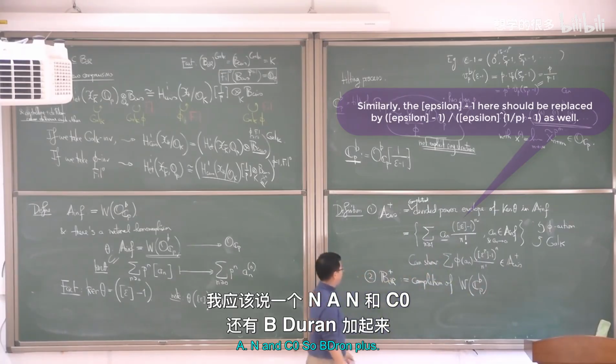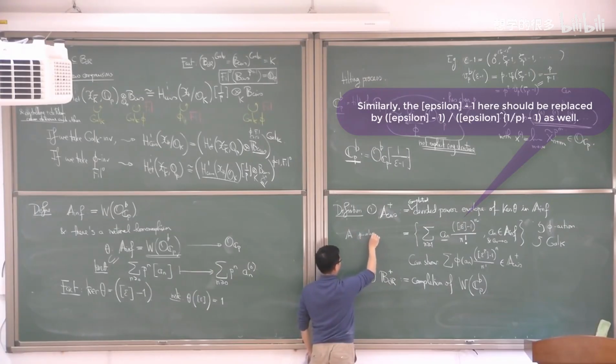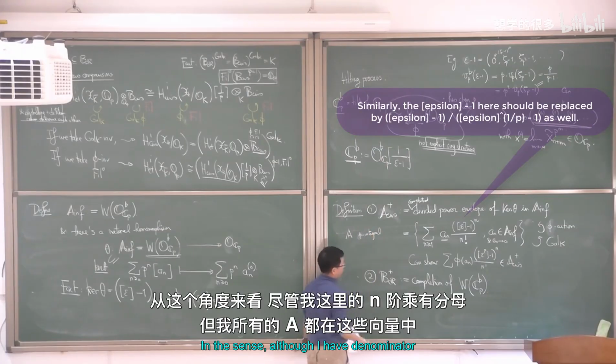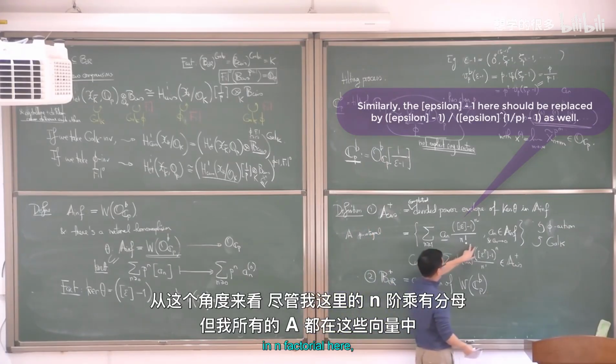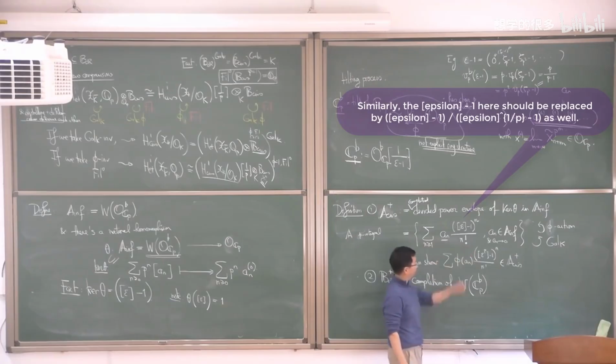So B dR plus. In p-adic Hodge theory, whenever I write A, there's an important thing which is integral, so p integral, in the sense that although I have denominator n factorial here, all my a_n are in Witt vectors. So there's an integral structure here.